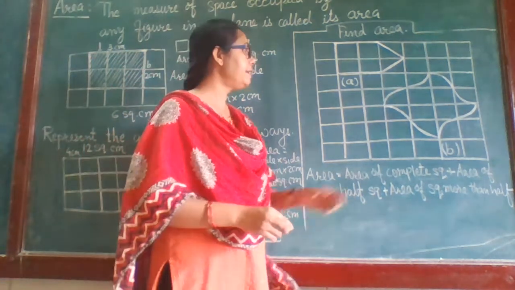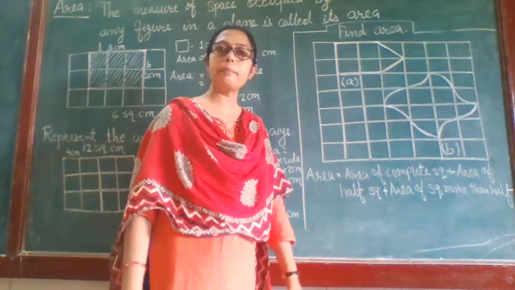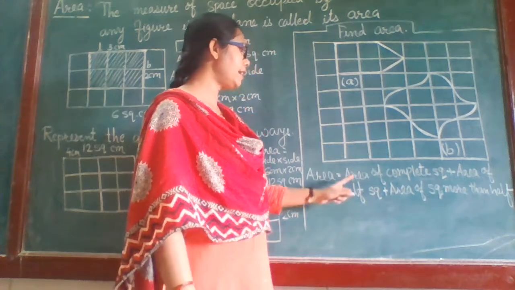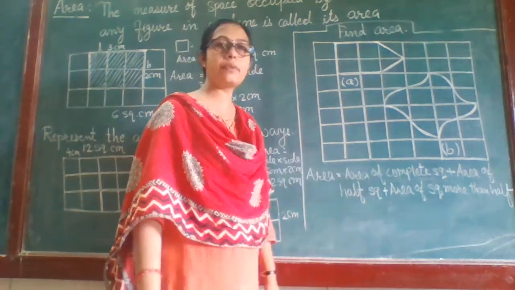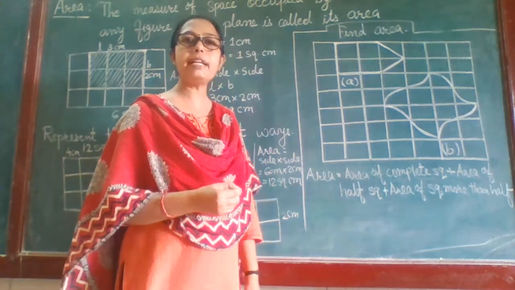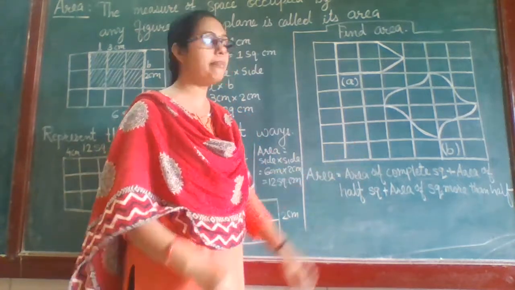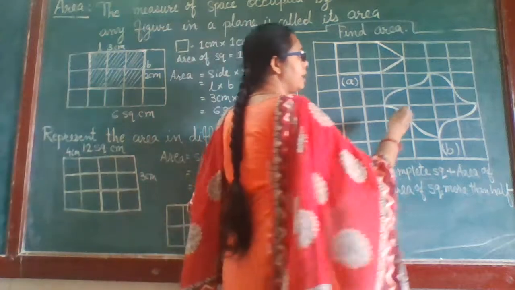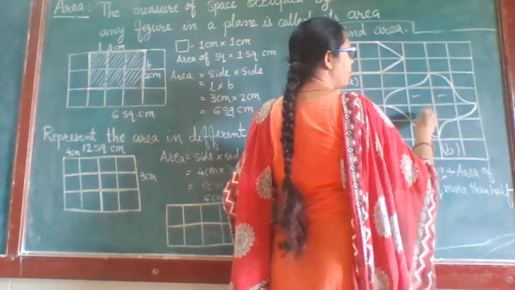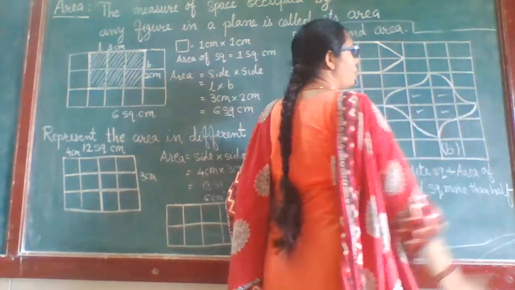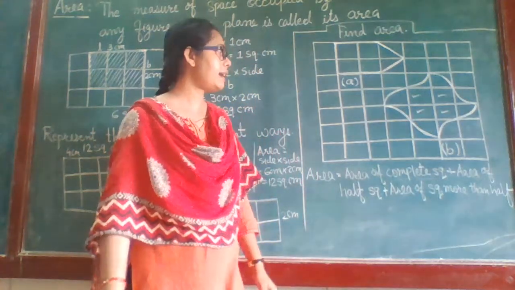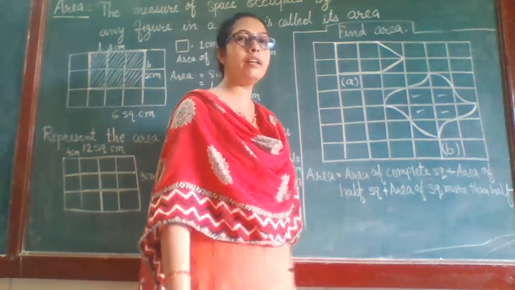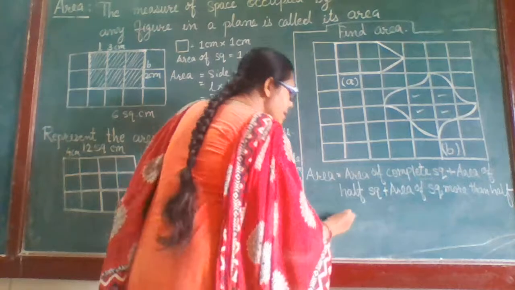Now we find the area of figure B. So first of all we count area of complete square. How many complete squares are occupied by this figure? So see, 1, 2, 3 and 4. 4 squares are occupied, the full squares.